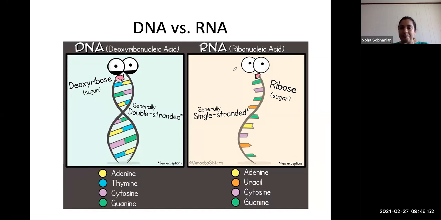The second difference is that nucleic acids, DNA and RNA, both have a component of sugar. The sugar in our DNA is called deoxyribose, and the sugar in my RNA is called ribose.